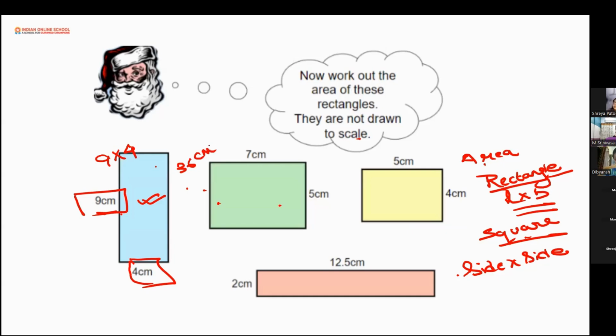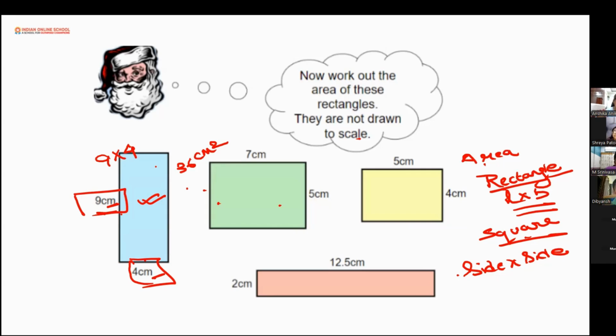What's the unit? Centimeters square. Since it's 9 centimeter and 4 centimeter, it is 36 centimeters square. That's the unit. Am I clear? Boys and girls, students, is it okay? Yes, ma'am.